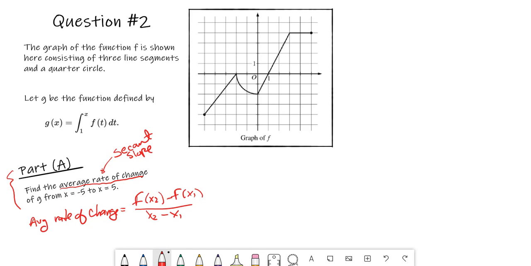So if we call this x1 and we call this x2, then we would plug it in and say f of 5 minus f of -5 over 5 minus -5.